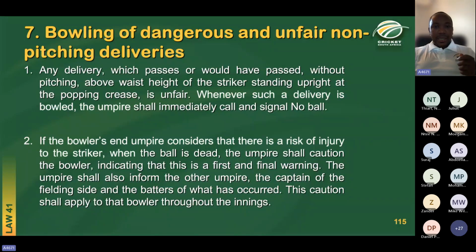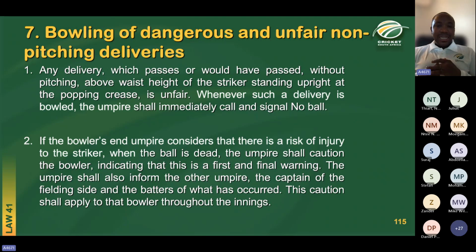Now, the decision as to whether the delivery was directed at the striker or was away from the striker is for the bowler's end umpire to make, because he is in the best position to judge the line of the delivery.